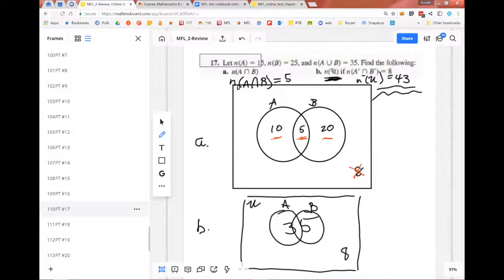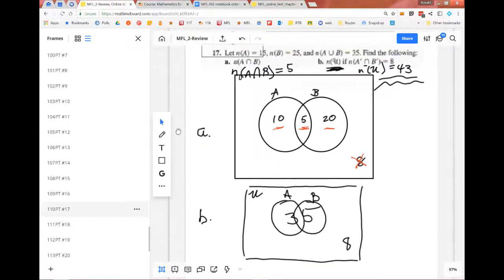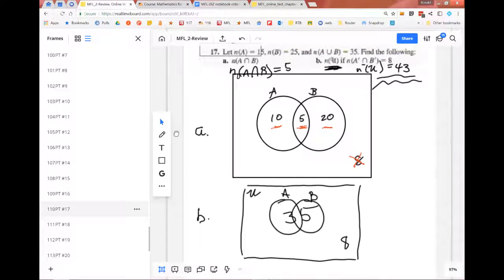Okay, so let's see. I'm trying to move this around so we can look at it a little bit better. I'm wondering why that 3 and that 5 are there. Oh, no, that's the 35. Okay, I got it.